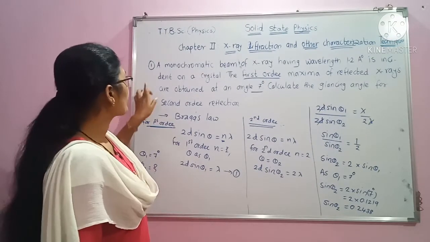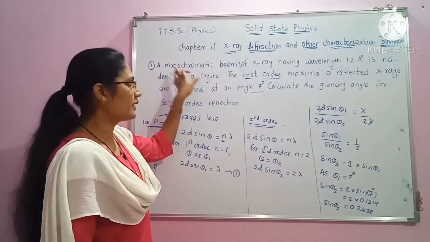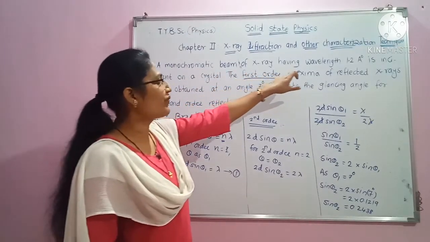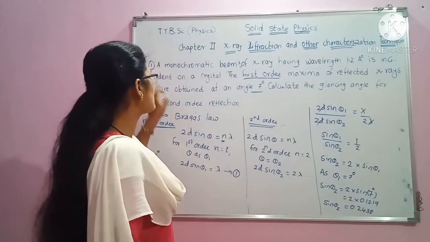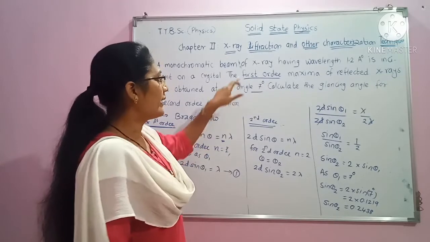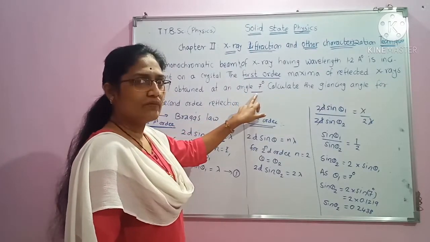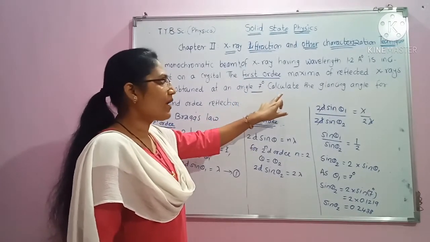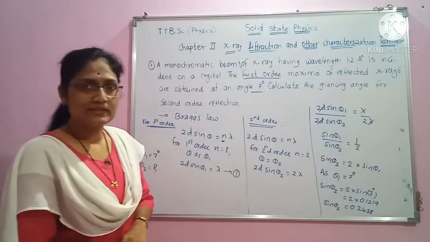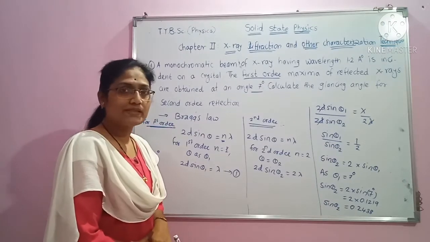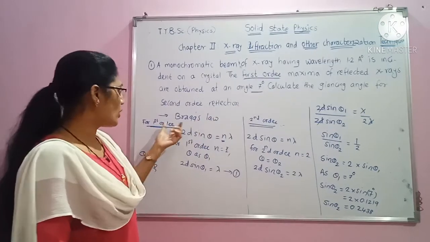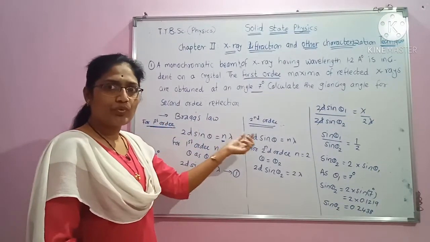Let's revise. The example is given as a monochromatic beam of X-ray having wavelength 1.2 angstrom incident on a crystal. The first order maxima is given and the glancing angle for first order is given as 7 degree, and they have asked us to calculate the glancing angle for second order reflection, that is theta 2. In order to calculate this, we rewrote Bragg's law for first order and for second order.